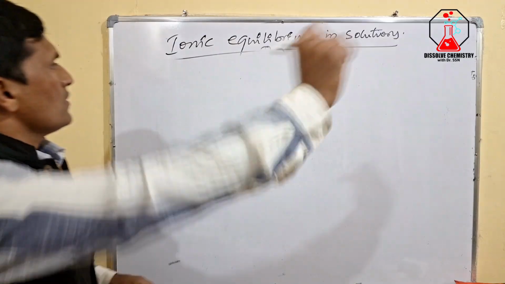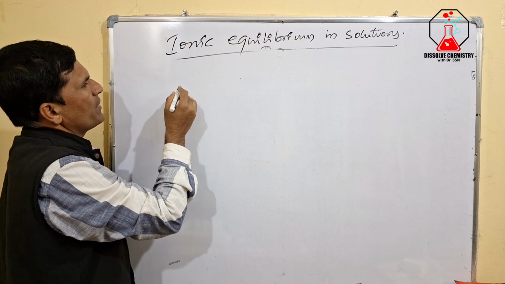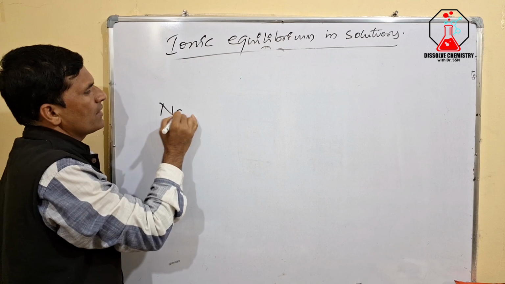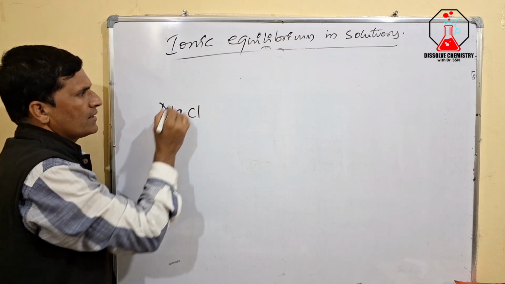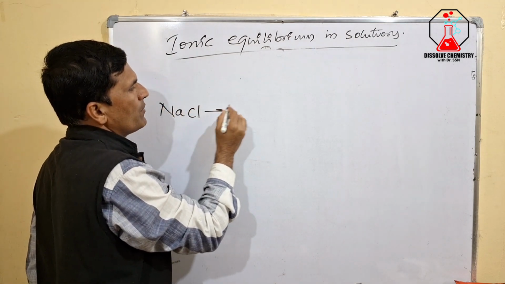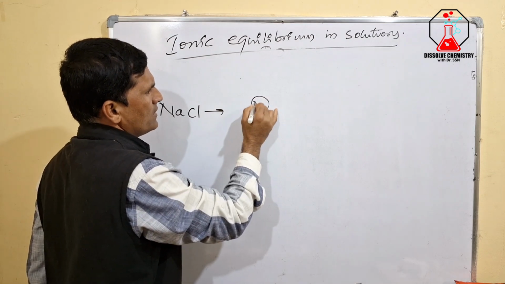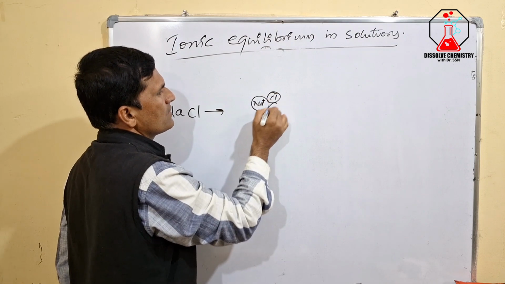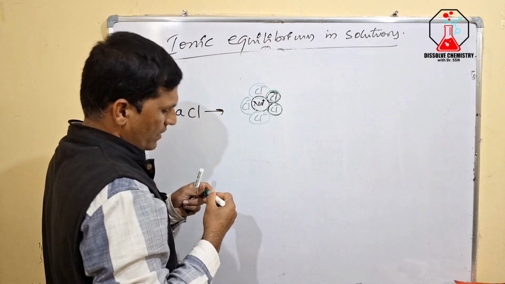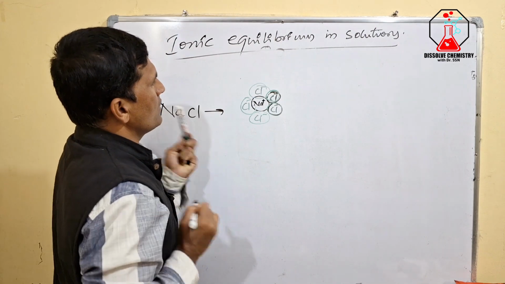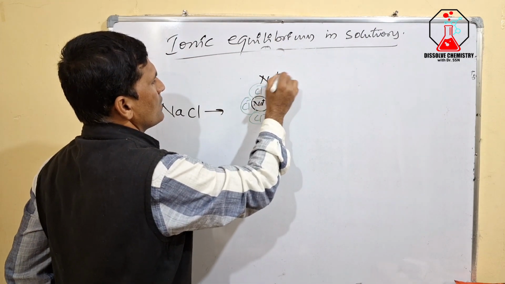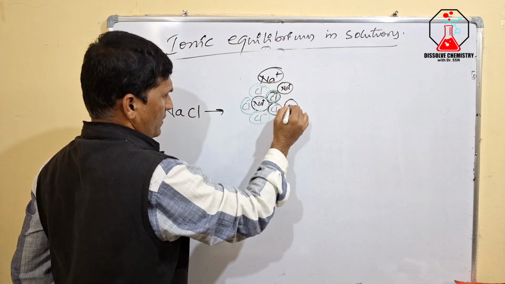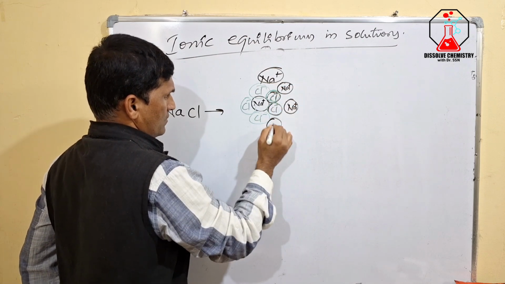Now we will deal in detail with why these compounds undergo dissociation upon dissolution to give ions. What makes these electrolytes dissociate? Say, for example, you take NaCl, which occurs as an ionic crystal. Generally, Na plus is surrounded by Cl minus, which is in turn surrounded by Na plus, and so on.